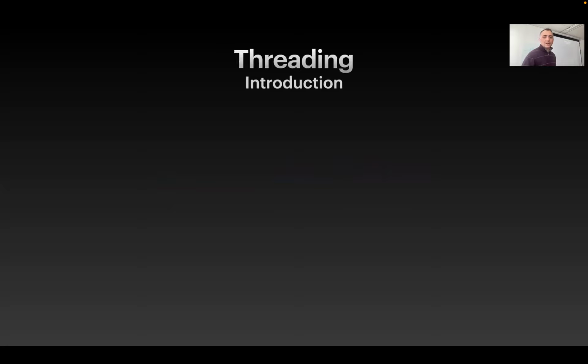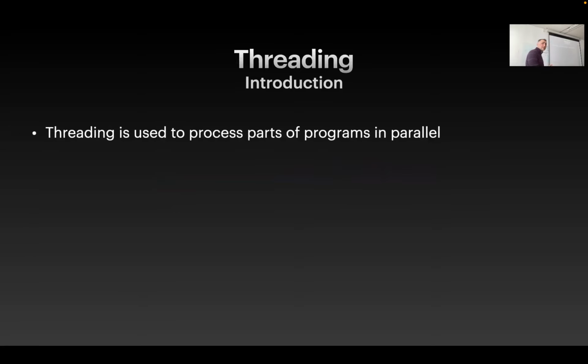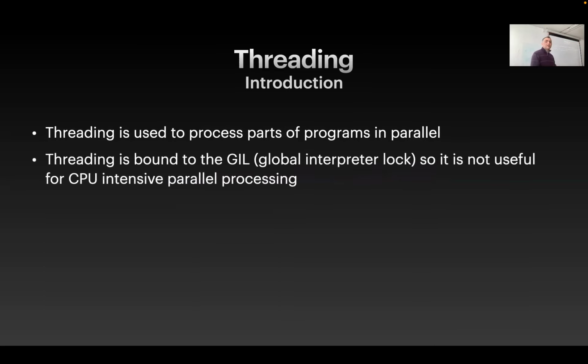So what is threading? Threading is one of the libraries used to process parts of the program in parallel. In particular, threading is a very peculiar thing: you can execute only one instruction of Python at a time. So if you have competing threads that want to access the interpreter, only one can.